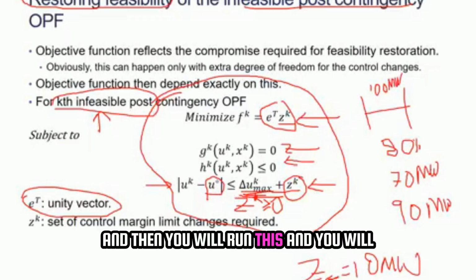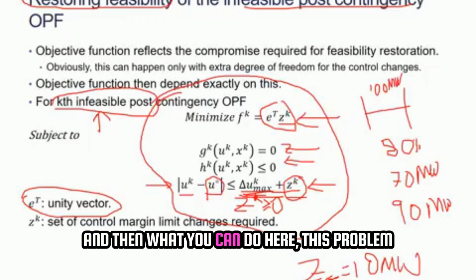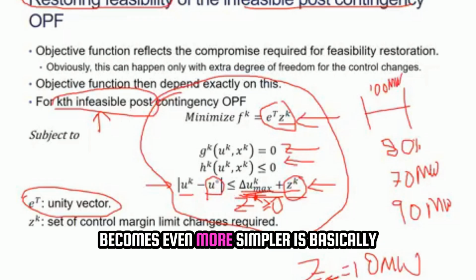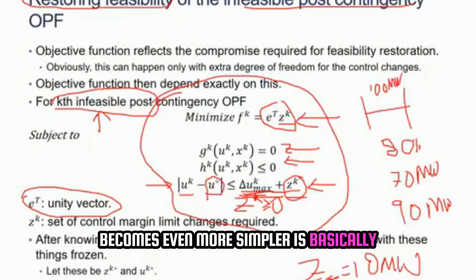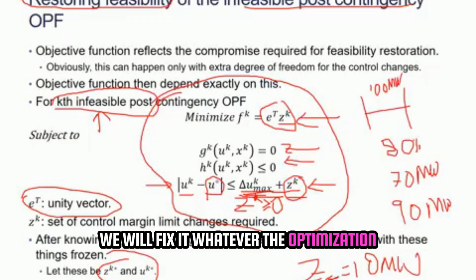Then you will run this and you will get the optimal values of UK and ZK, and this problem becomes even simpler, because we will fix the values of ZK and UK, whatever the optimization problem has given for this kth contingency.